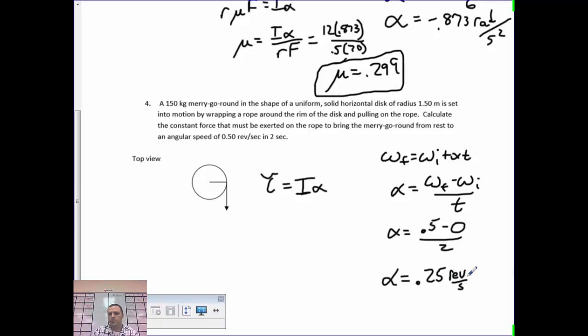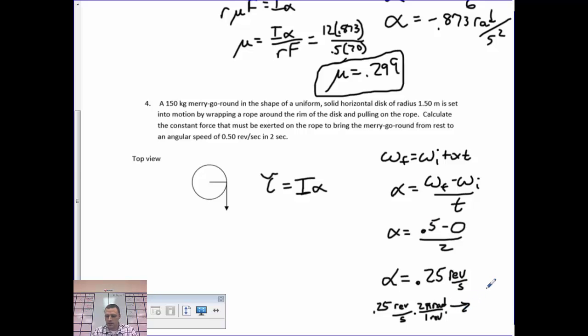revolutions per second squared. But we've got to get that into radians to deal with the second law equation. So let's see, 0.25 revs per second squared times 2 pi radians divided by 1 revolution, and we get radians per second squared.